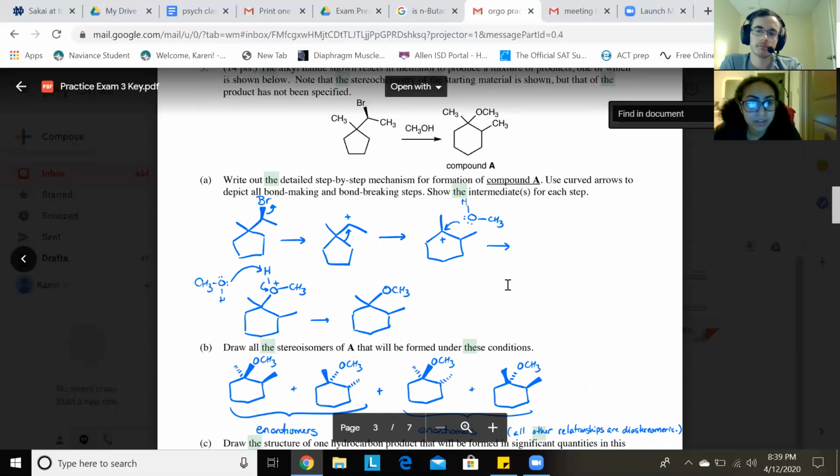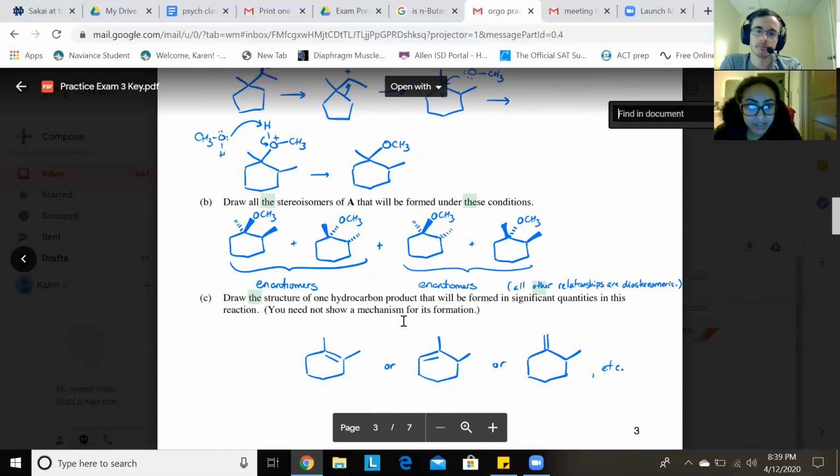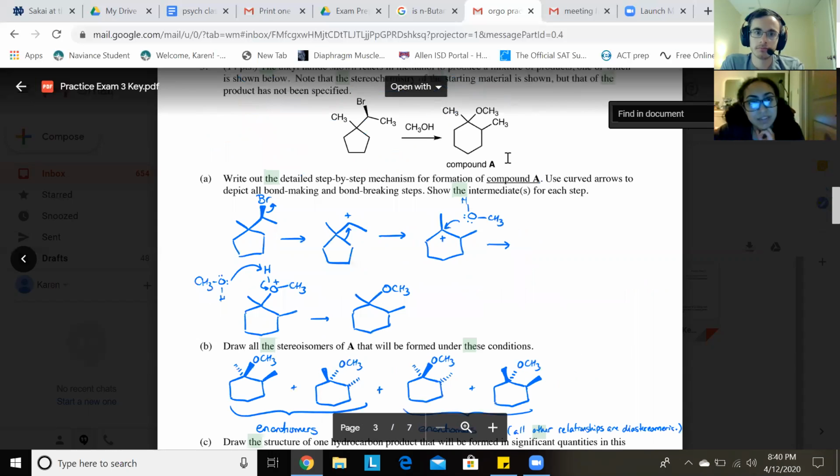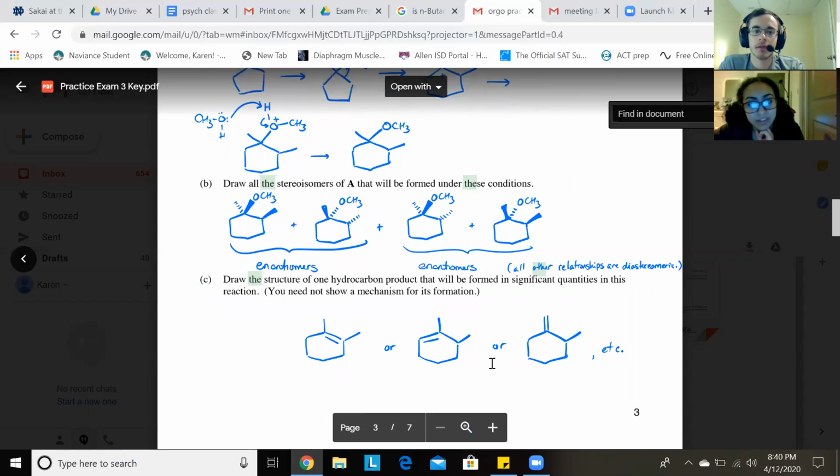And so for part C, when they ask us to form one of the products, why do we assume that shift happened? Well, I guess my question is, for part C, do we also assume that whatever happened here kind of happened here, except for the E2 versus SN2? Oh, sorry, the E1 versus SN1, yeah.